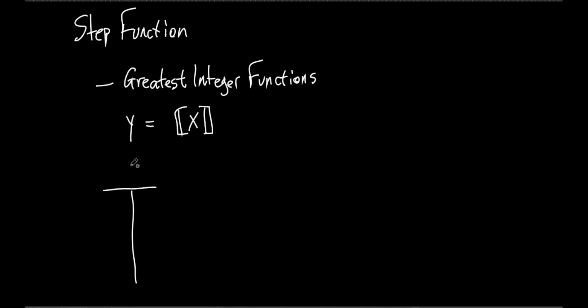I'll do from 0 and a few positive numbers, and then another chart going negative. I'm doing it half and half because the positive is a little easier to understand, and by the time we get to negatives, you'll think, oh, okay, I figured out what's going on.